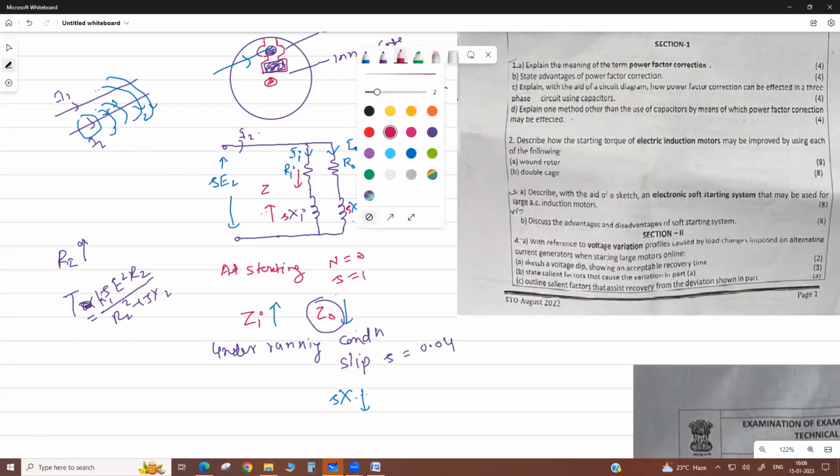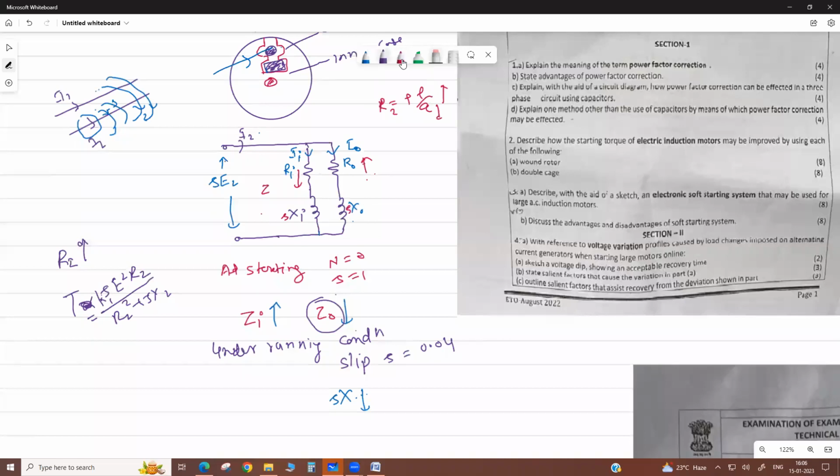In running condition this impedance is reduced, negligible. Now current is selected as per the resistance only. Actually at starting slip is 1, so the reactance has its actual value. Now reactances are negligible because both are multiplied with slip.